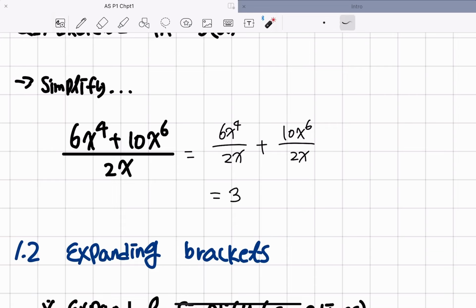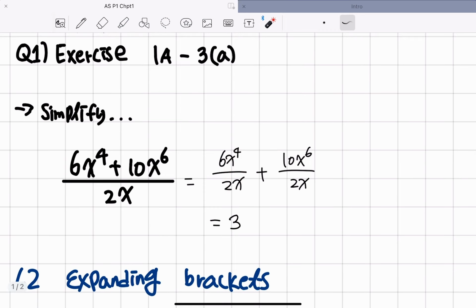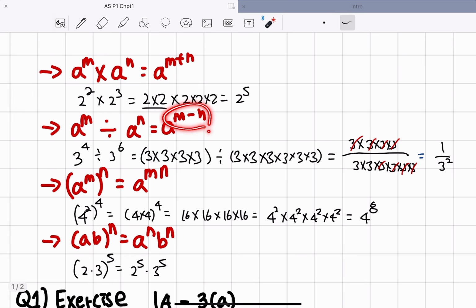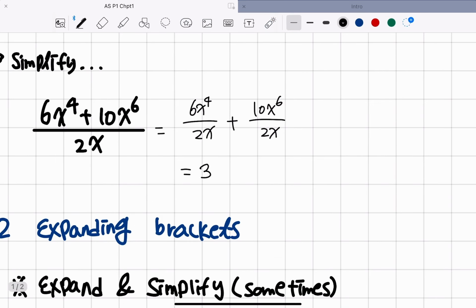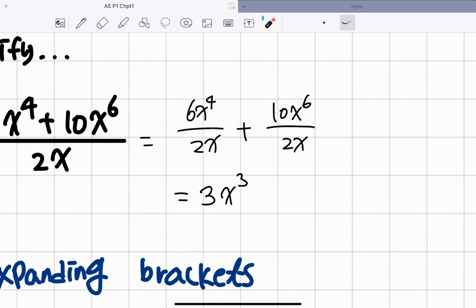And we can use x to the power 4 and x to simplify this one, using this second law. So we can write 3x cubed, and we always need to remember that x has 1 for the power.